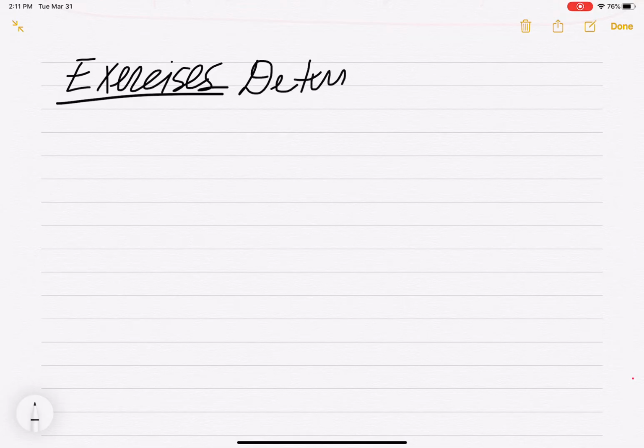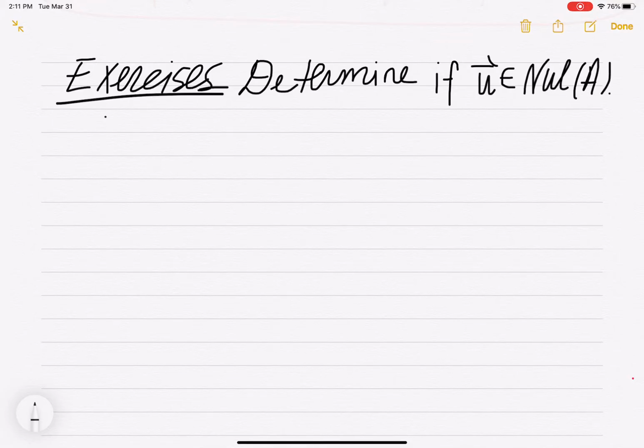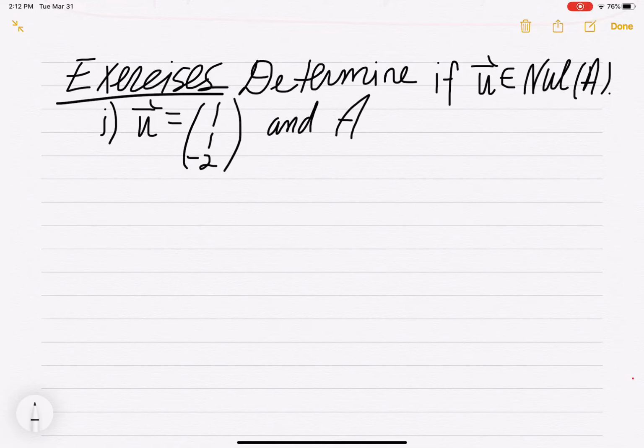Determine if the vector u is in the null space of A. So number 1, we're going to give you a vector u: 1, 1, negative 2, and a matrix with columns 1, 3, and 1, 1, and 1, 2.